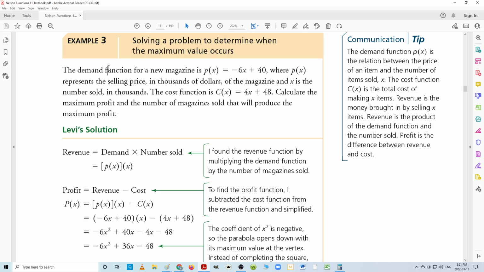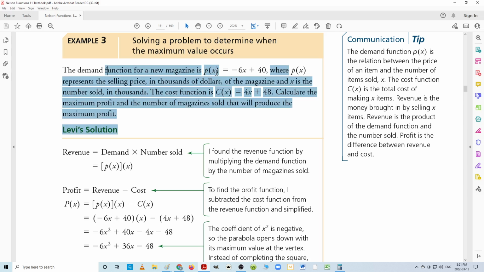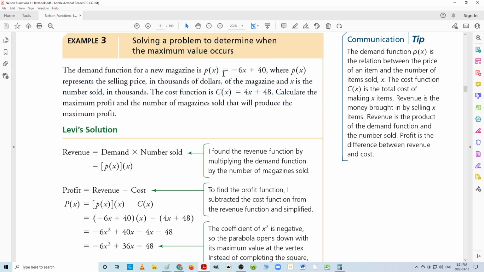They're just calling it demand. So you'd always have to multiply your demand by the number of units you are selling, which is usually X, and that will be revenue. So revenue is always demand times the number of products, and it's explained over here.